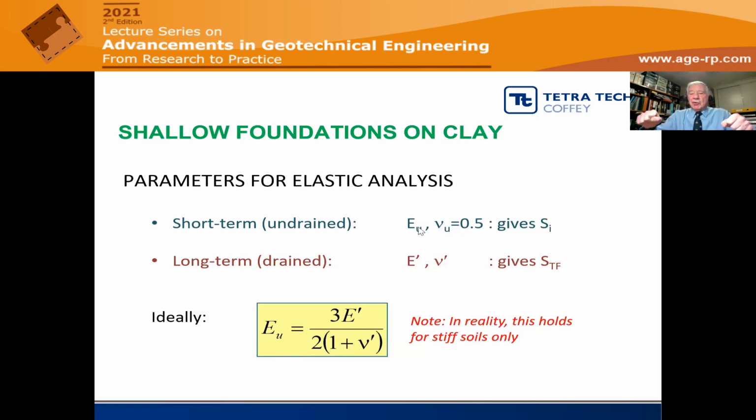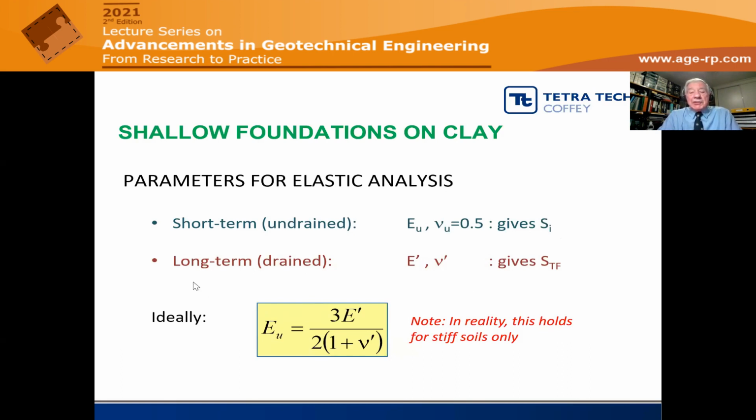This is how the soil reacts to rapid or undrained loading. And that gives you an undrained modulus and a Poisson's ratio, which in a saturated soil is 0.5. So if you use those values in your elastic theory, you will get an immediate settlement. That is the settlement that you would expect as soon as the load is applied to your footing.